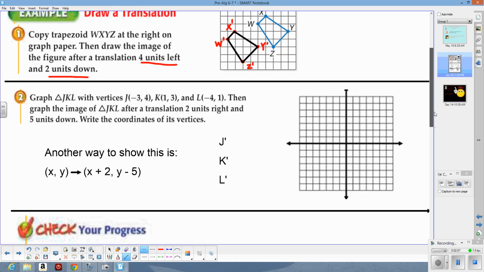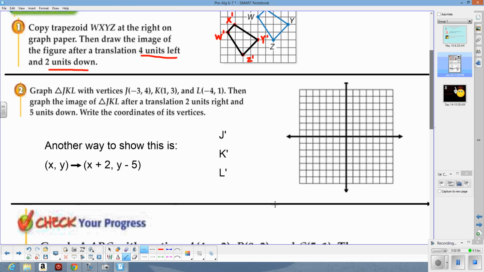Now we're going to do the same thing on a coordinate plane. So we need to first plot the original triangle JKL. So J is -3, 4, so we're going to go to the left 3 and up 4 and label it J. K is at 1, 3, so 1 to the right and up 3.